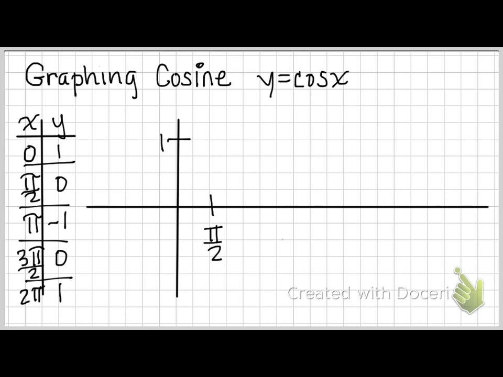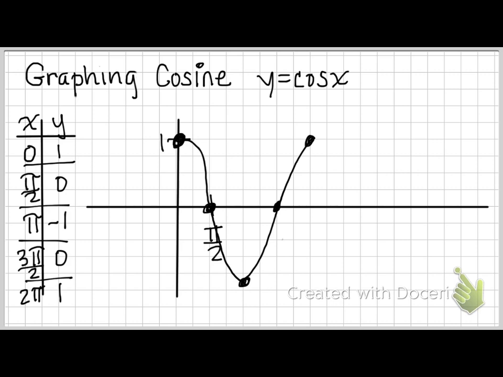So again, it's these 5 points like we had with sine, but we're starting off at 1, and then we're doing this increment of pi over 2, pi over 2, pi over 2, right? So at pi over 2, we drop down to 0, and then at pi, we're down to negative 1, 3 pi over 2, back up to 0, and then at 2 pi, 1.